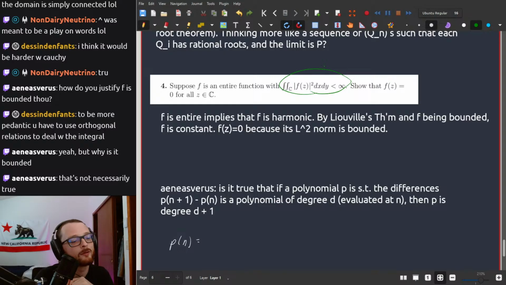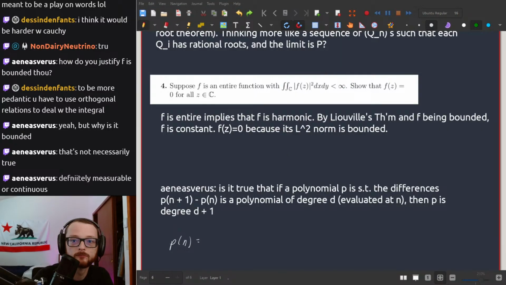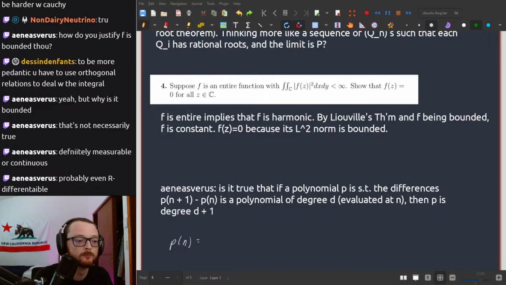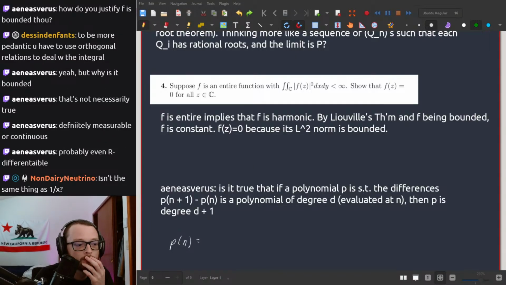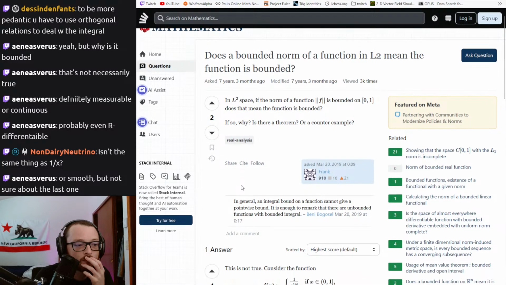Oh, well, wait. Are you saying you could have an unbounded function on the entire complex plane with a finite norm? How would that be possible? I mean, we know it's entire.